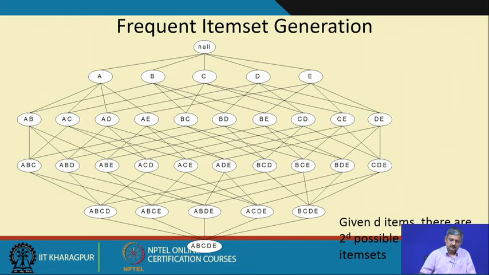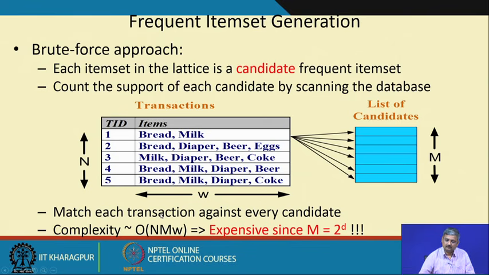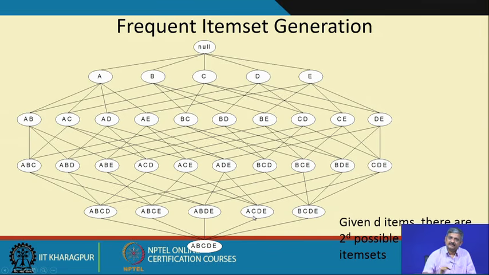Or, if I know somehow that one of these is not frequent, can that help me figure out whether the subsets of that will be frequent or not frequent? So, in other words, if I know this to be a frequent item set, they appear a large number of times, can I say anything about this thing?